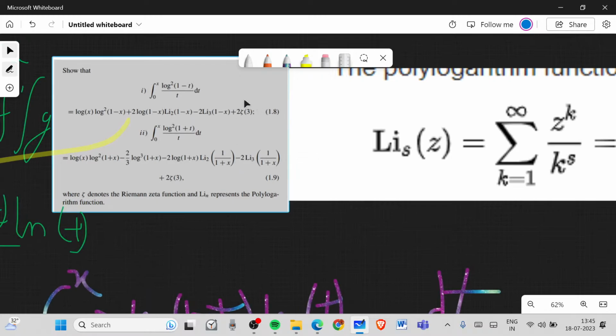See, this is the thing which would be a constant, 2 times zeta at 3. So what we are getting is 2 ln 1 minus x, li2 1 minus x minus li3 1 minus x.